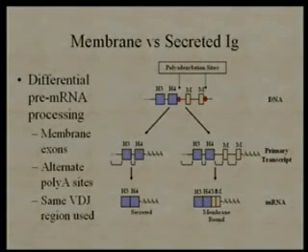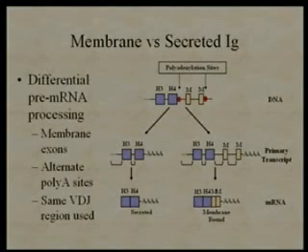The same VDJ that was expressed on this membrane form is also used for this secreted form. So the specificity of the antibodies doesn't change. That's why the antibody a cell secretes will bind to the exact same antigen as the immunoglobulin that was on the surface of the naive B cell that got exposed to that antigen. Specificity doesn't change at all.